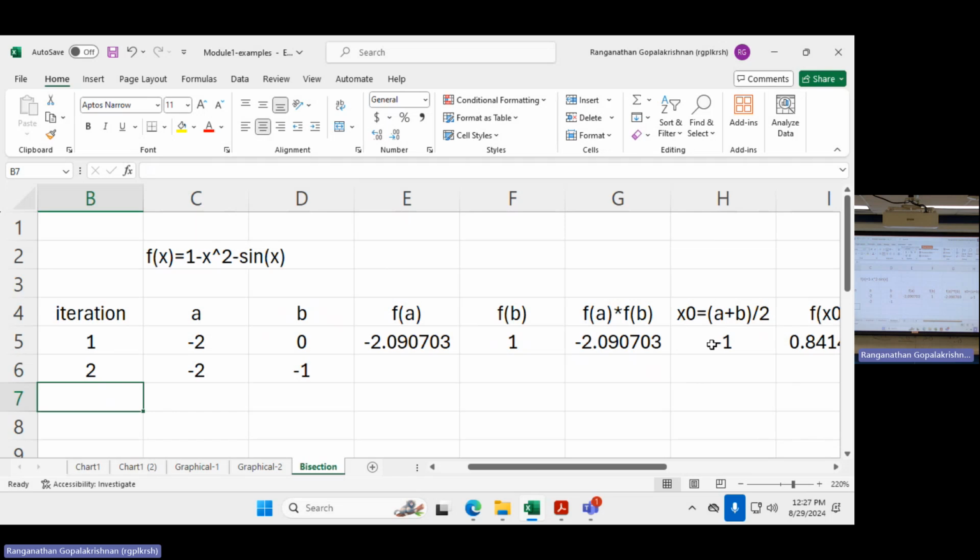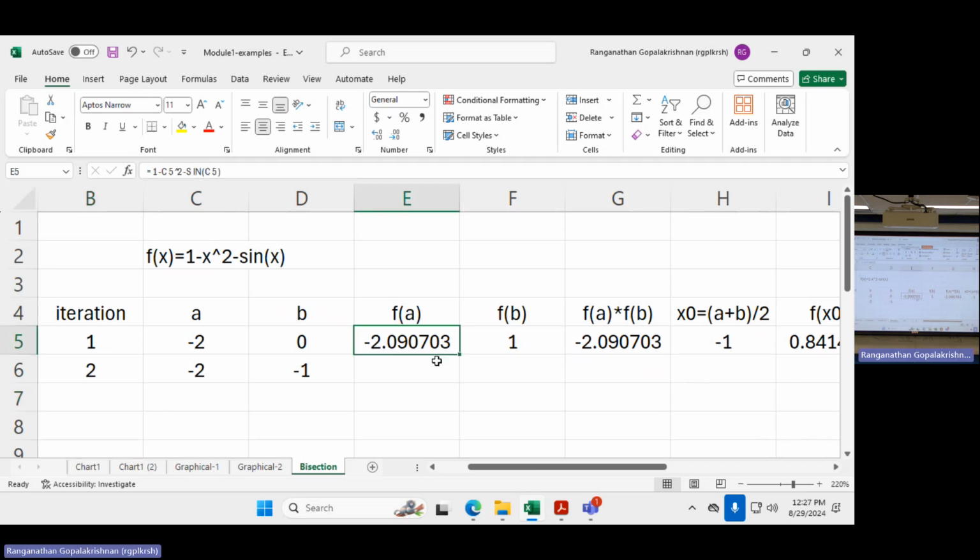So A and B have now changed to -2 and -1. Same thing we did when we did it by hand. Yes. Yeah, I got it. Okay. Then for the next line, what do you do?